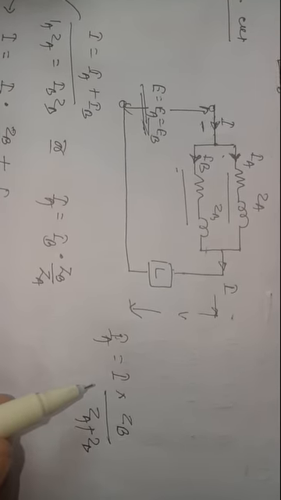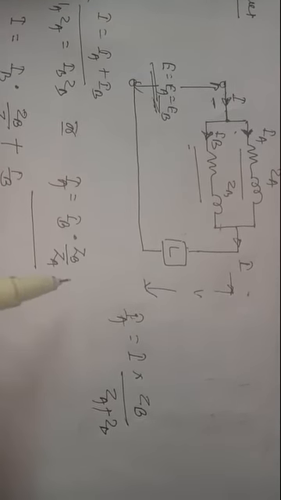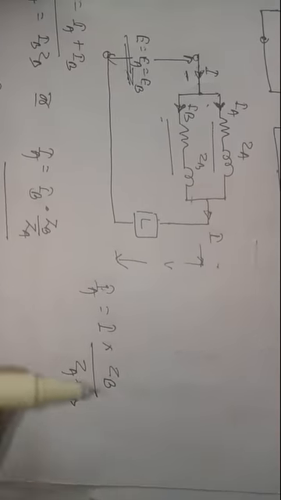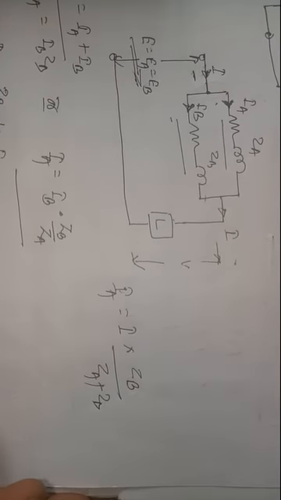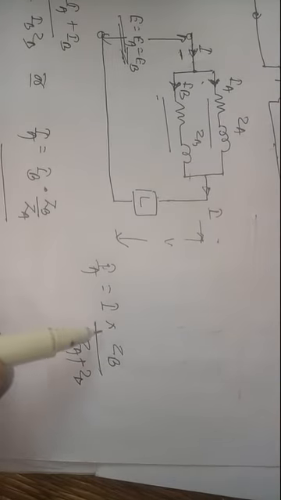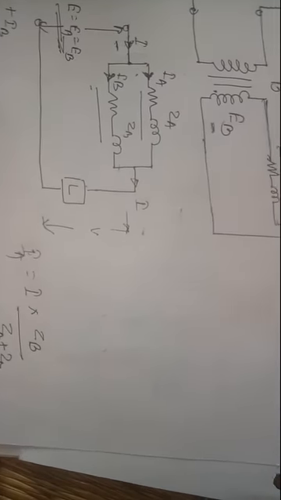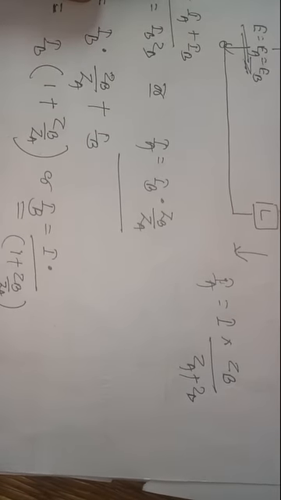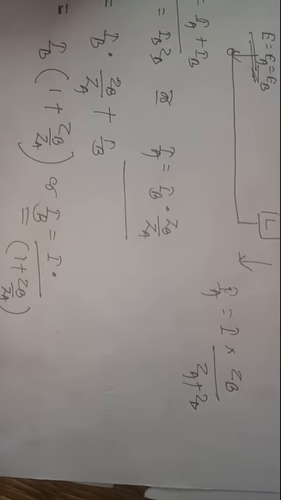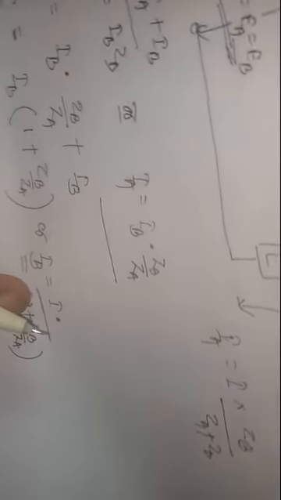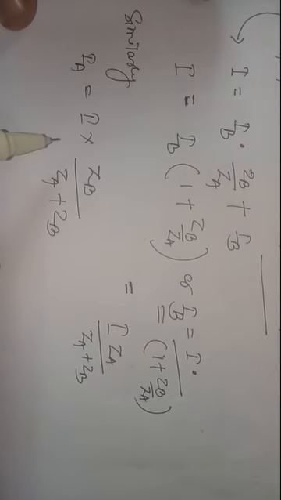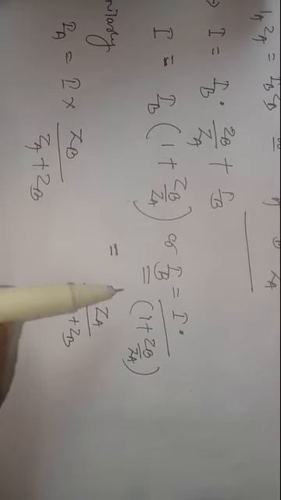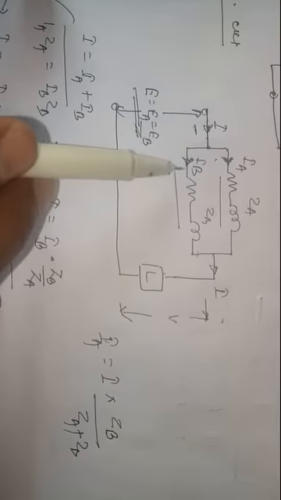So IA is equal to the total current I into ZB divided by ZA plus ZB. Likewise, you can calculate IB.